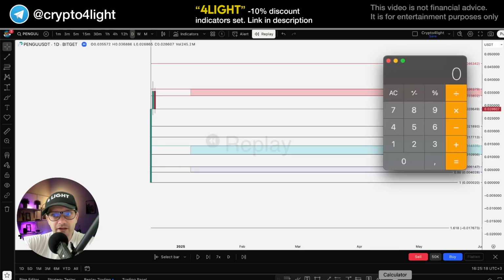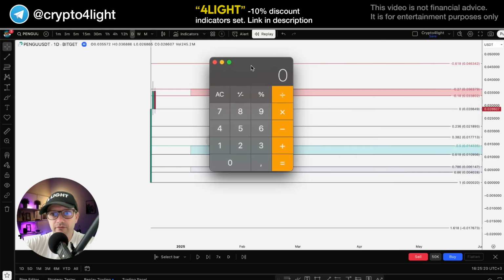Let's say we got a budget, and I want to buy. Let's say I have 1,500, 1.5K USD, and I want to spend that money on Pengu. How to use the proper DCA?